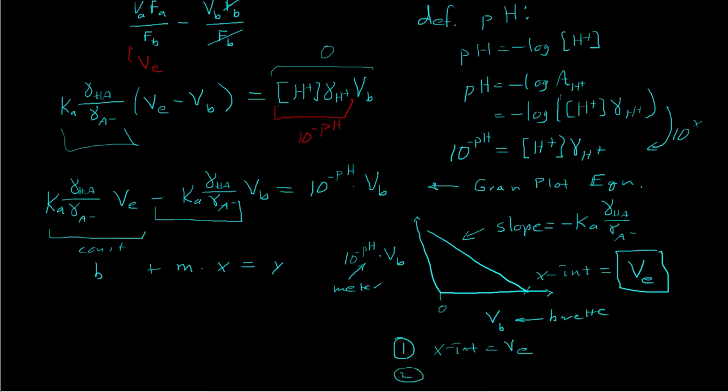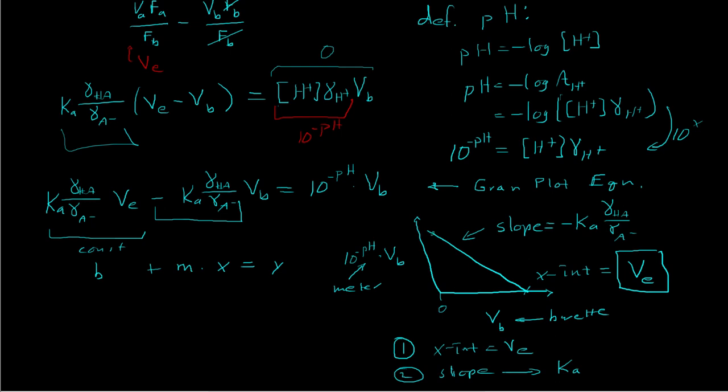The other piece of interesting information that we get is that from the slope, we can find the acid dissociation constant. So this Gran plot titration is also a way of measuring acid dissociation constants. So those are two useful things. So we're going to use this method to determine the equivalence point volume and determine the Ka of the acid that we're using.